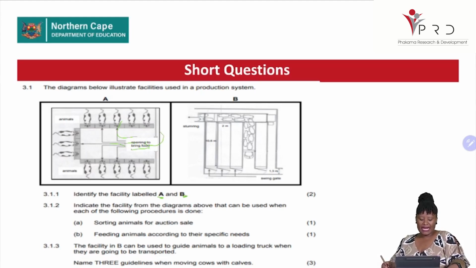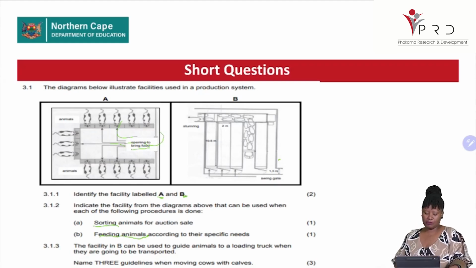Sorting animals for auction sales. When you are sorting animals for auction sales, do you need facility A or facility B? Feeding animals according to their specific needs. Do you need facility A or facility B?